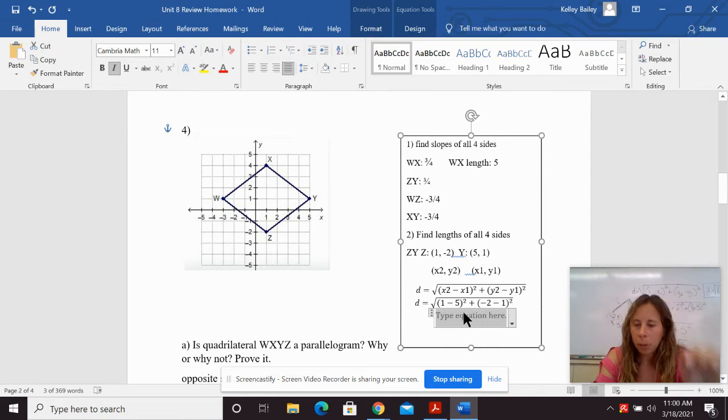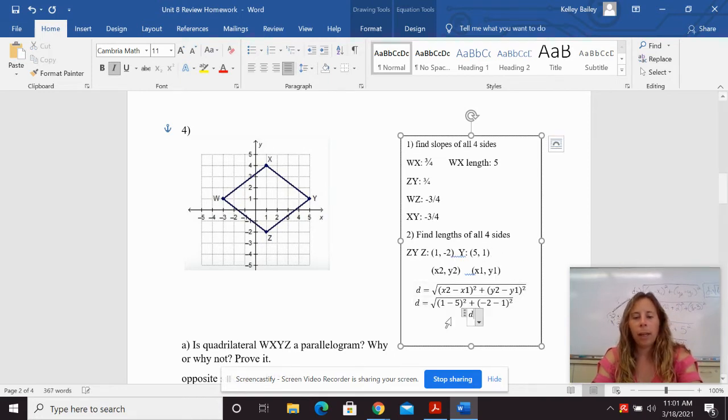Okay, so we just substitute it in. I substituted in 1 for x2 and 5 for x1. And then over here, I substituted -2 in for y2 and 1 in for y1. All right, that's how I got this.